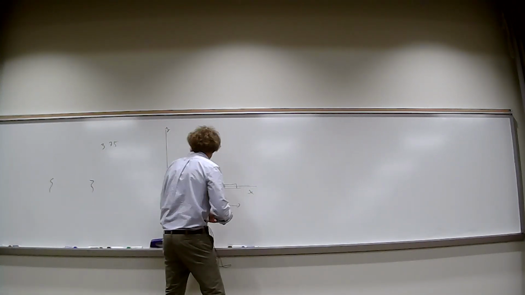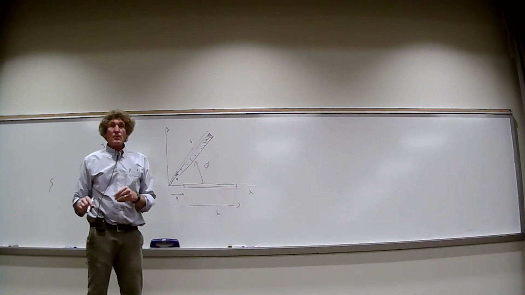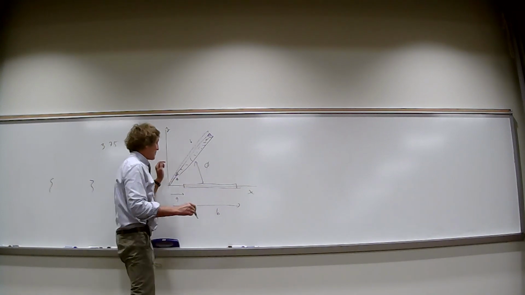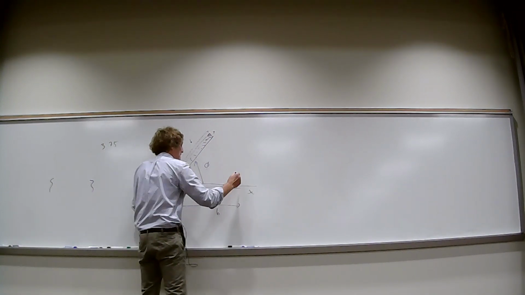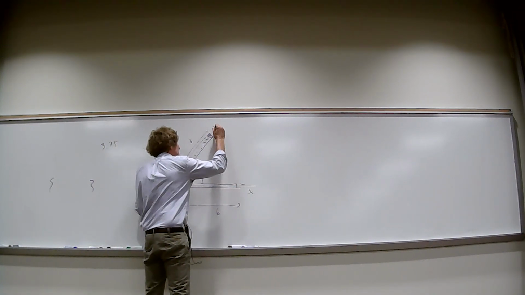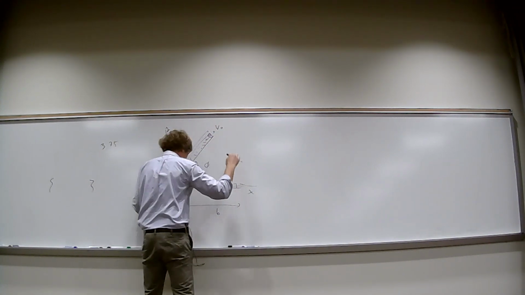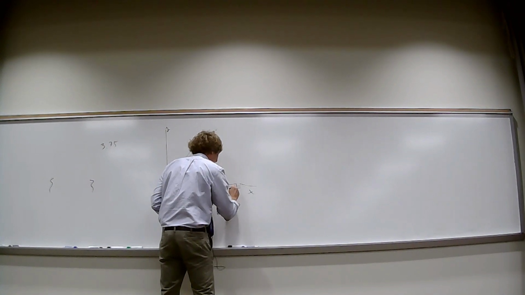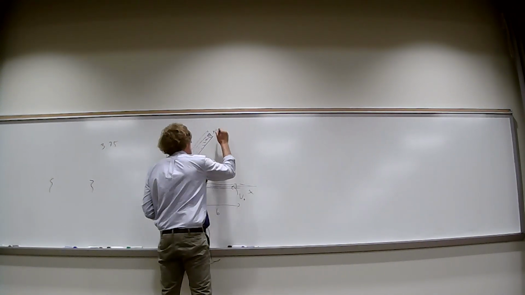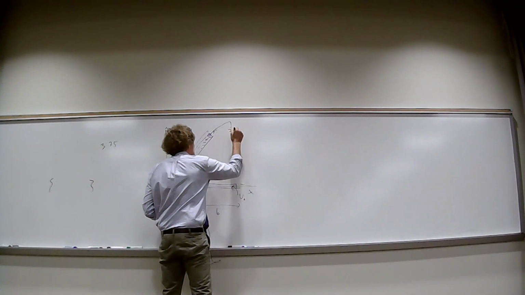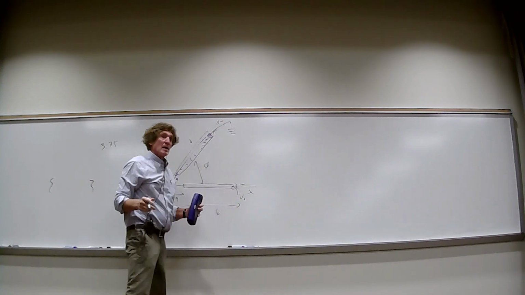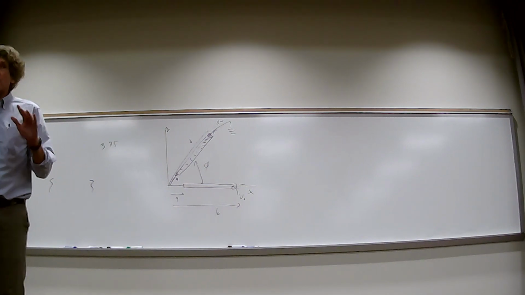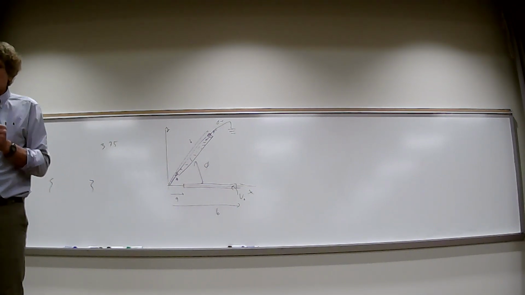If these are two plates, suppose we make this plate have a voltage of V naught, and make this plate grounded, or 0 volts. Remember, those are electrically conducting surfaces. They're perfect electric conductors. They cannot have a voltage difference on them.